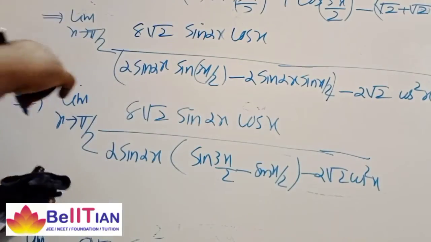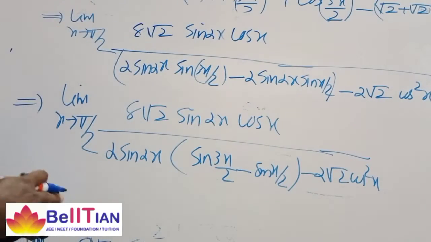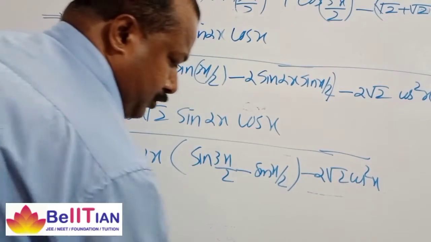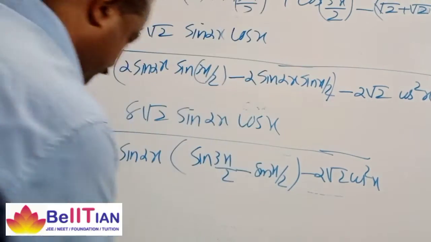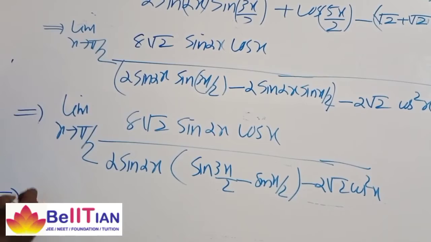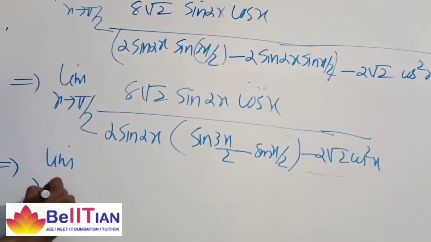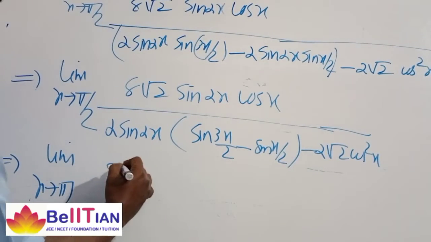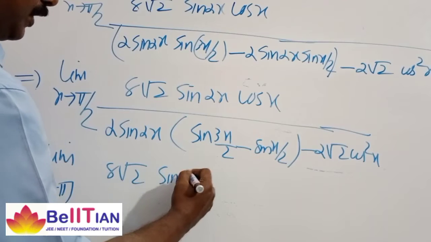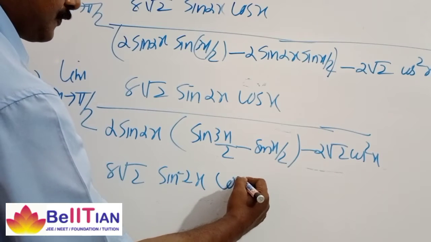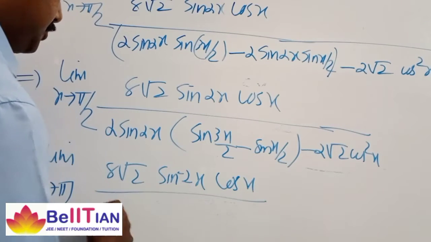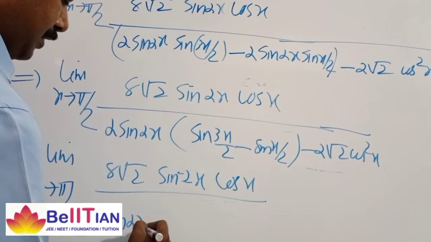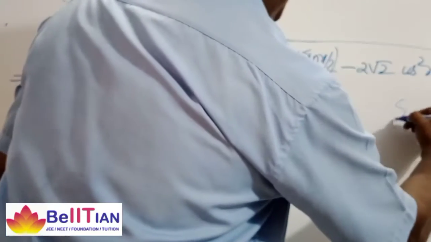So this is our reduced form. Again, there are two to three steps to arrive at the answer. So this implies that again limit x tends to pi by 2, 8 times root 2 sine 2x into cos x divided by 2 times sine 2x into... we know that what is sine x?